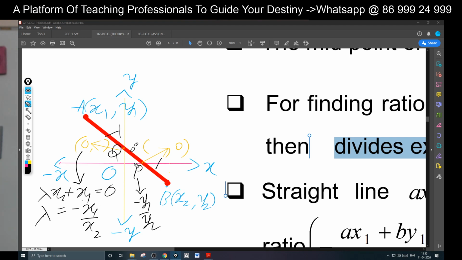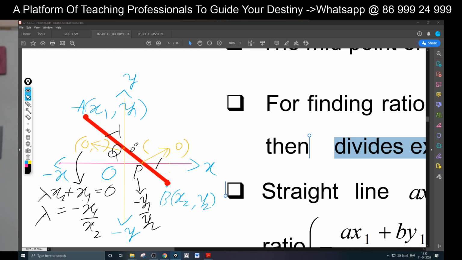So what is the conclusion here? If a line segment AB has the coordinates x1, y1 and x2, y2, this line segment AB is divided by x-axis in the ratio minus y1 by y2 and by y-axis in the ratio minus x1 by x2.